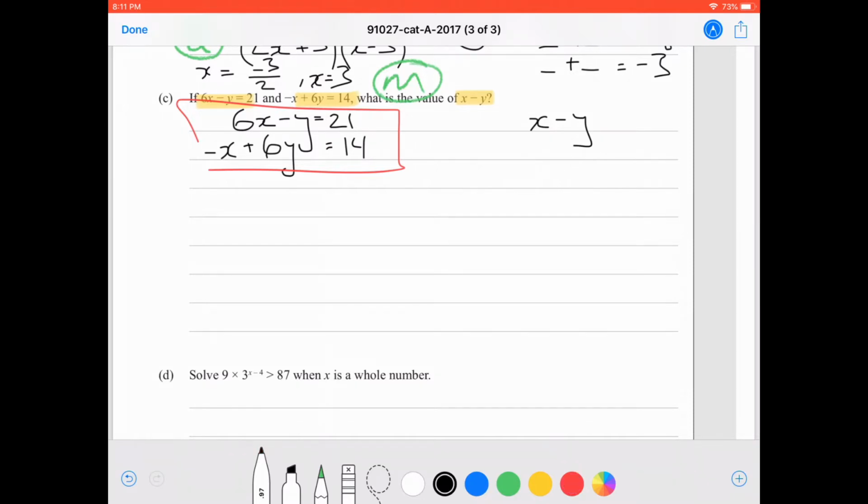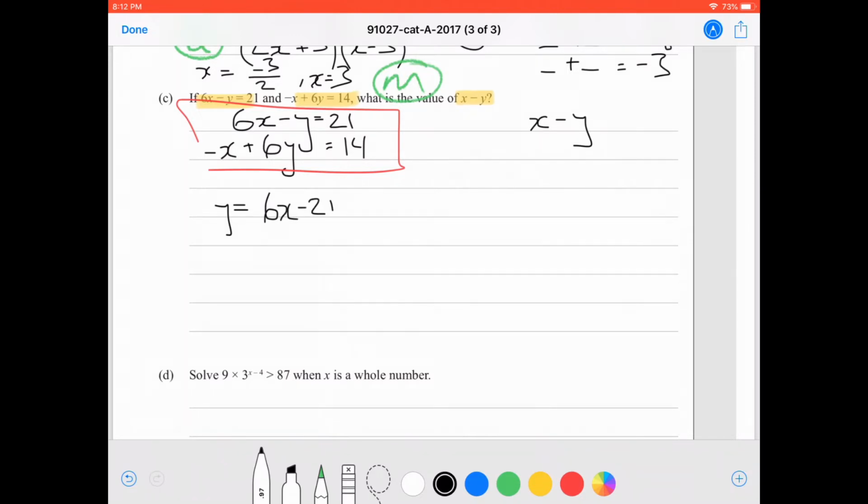So obviously you can do the substitution method or you can do the elimination method. Either would work here. I'm going to use the substitution method. So let's take this top equation and say y equals 6x minus 21.